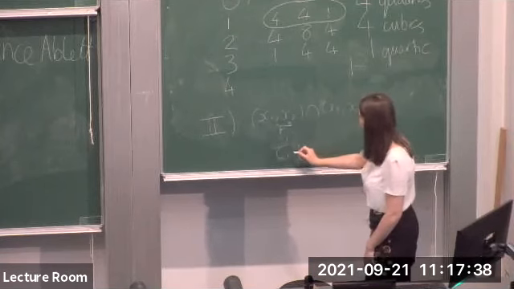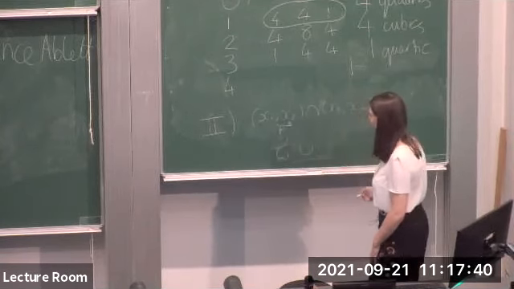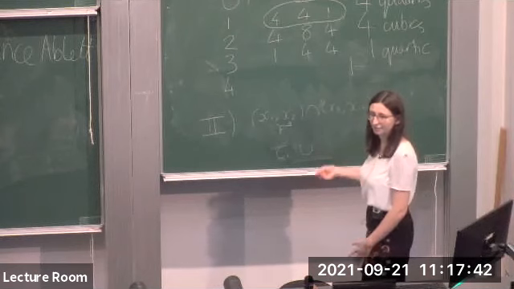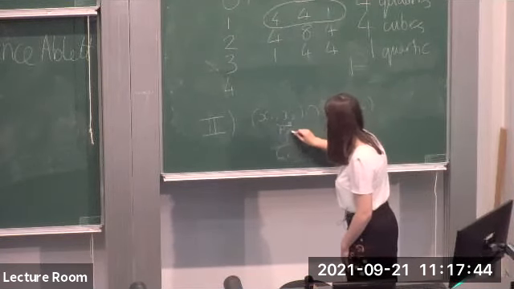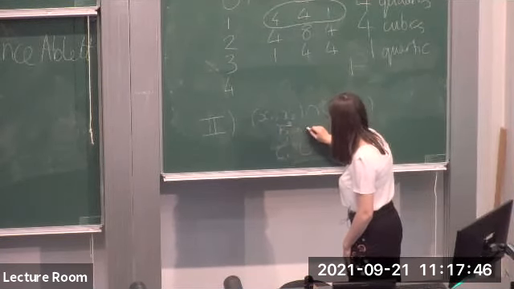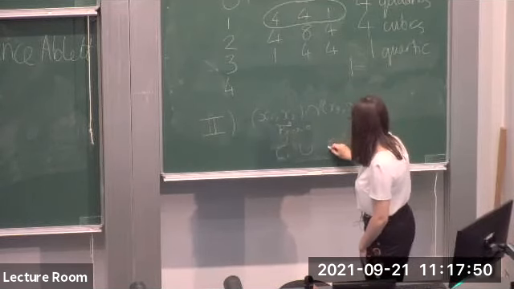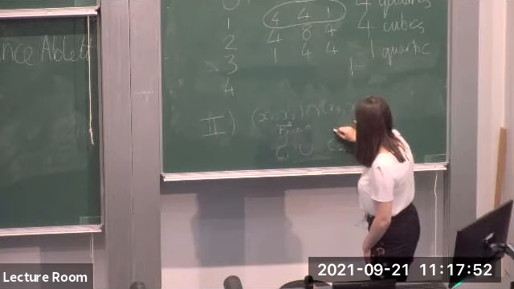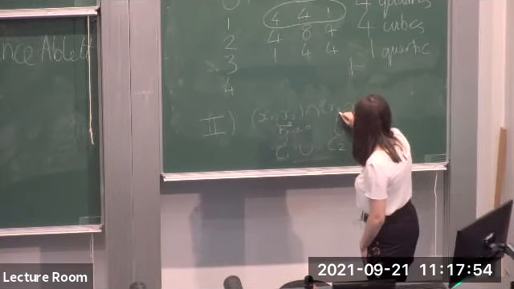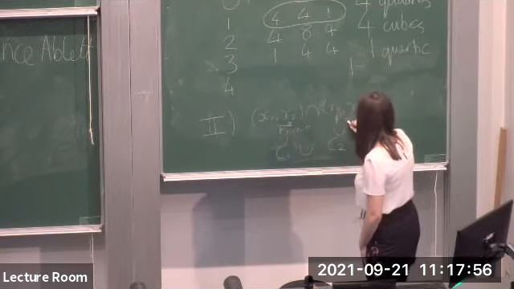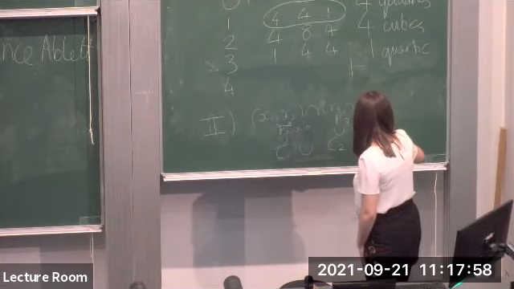So we have a curve here, C1, in the copy of P3 defined by x1 equals x2 equals 0. And our curve C2 in the copy of P3 where x3 equals x4 equals 0.